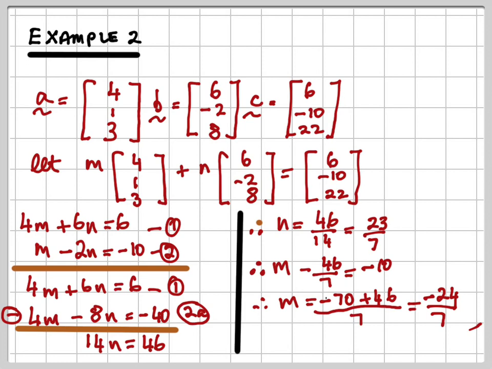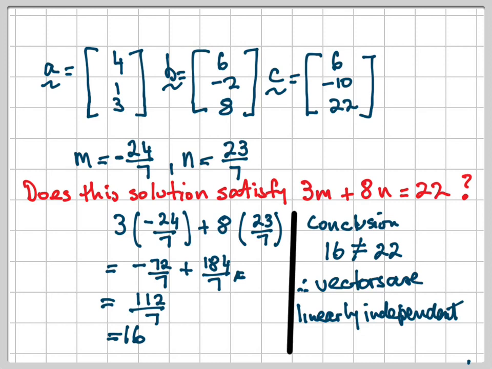So if you're not convinced of that, just press pause and resume when ready. So we have the two solutions, m equals negative 24 on 7 and n equals 23 on 7.